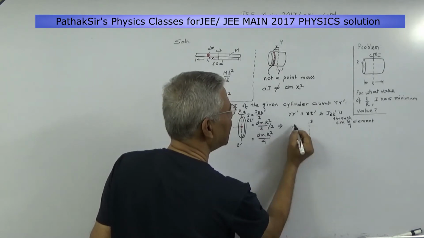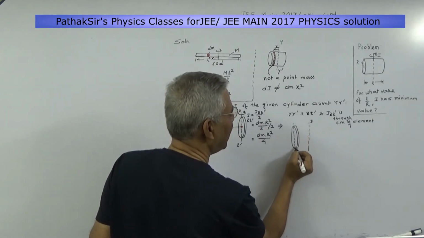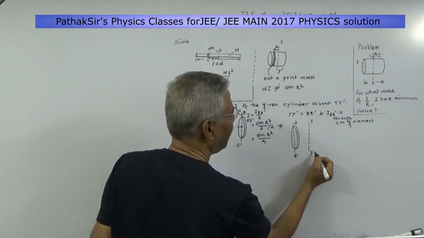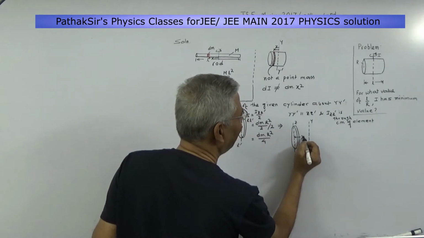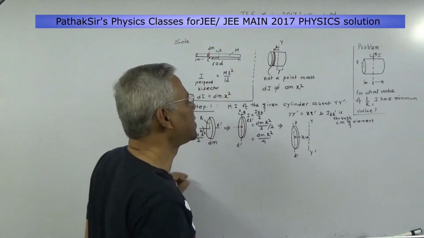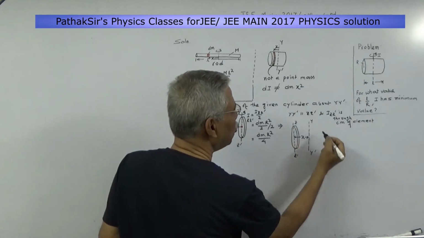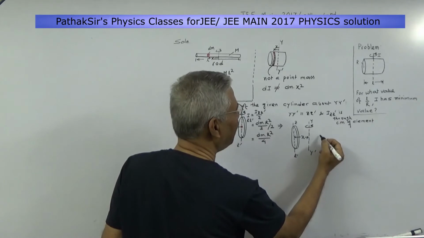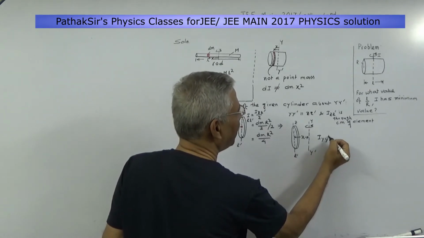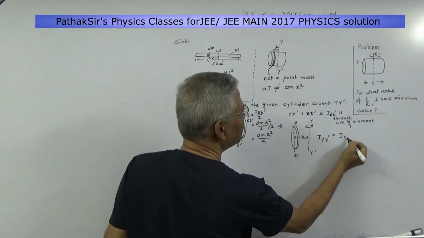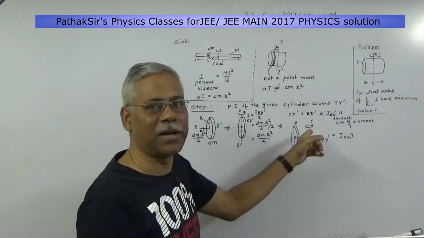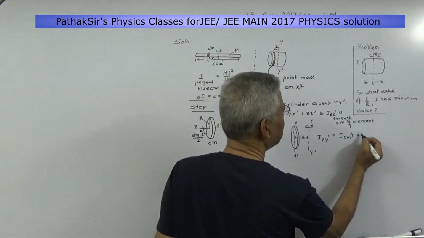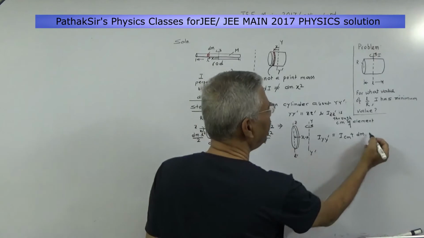The distance between ZZ dash and y dash is x. So about this axis of rotation, I_y dash equals I_CM plus dm into this distance square.